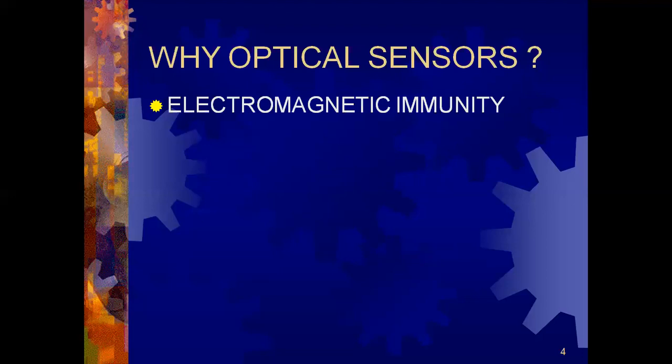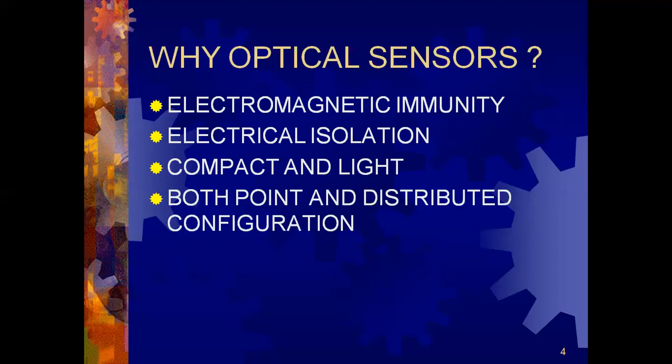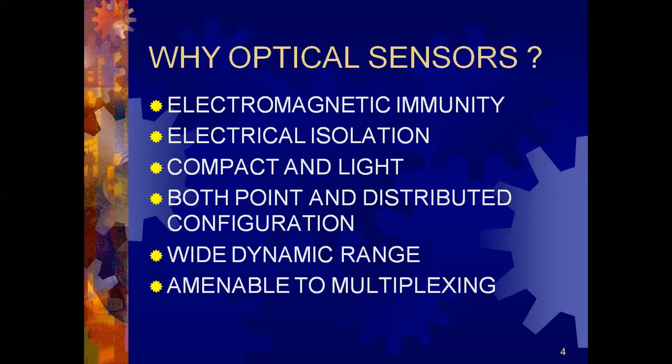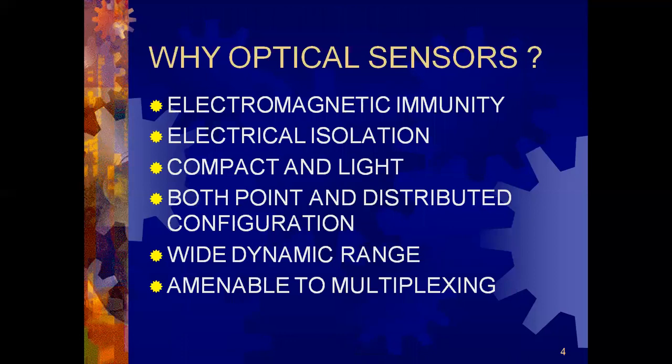Then electrical isolation, then compact and light. The optical signals here use laser, which is very monochromatic. Then both point and distributed configuration, wide dynamic range, and amenable to multiplexing. Because of all these reasons, I go for optical sensors.